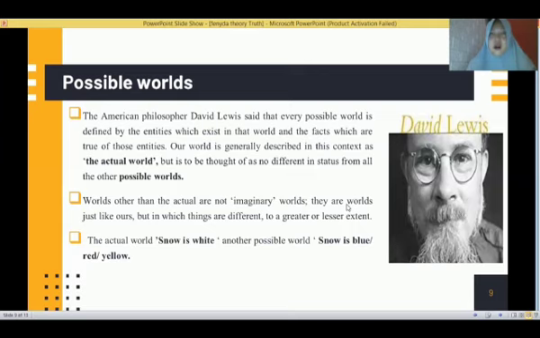So we can conclude that the actual world is our world, where grass is green, fire is hot, and snow is white. And maybe in another possible world, grass is pink, snow is yellow, and fire is cold, or something like that.